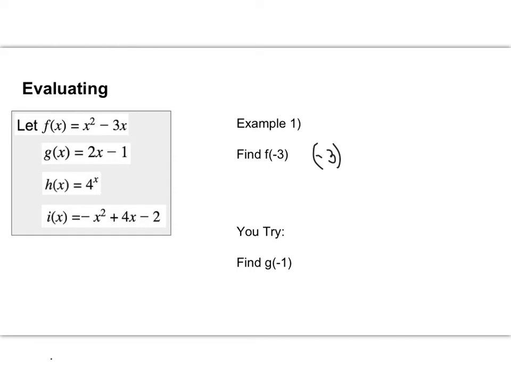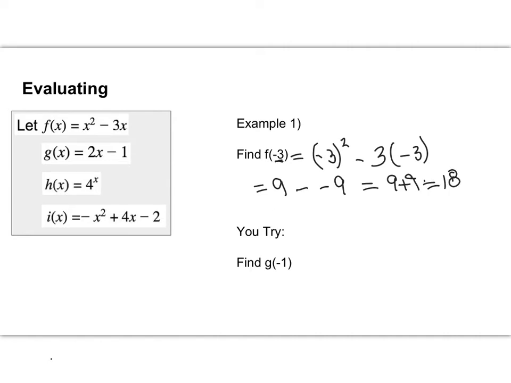So wherever there's an x, I plug in negative 3. Negative 3 squared minus 3 times negative 3 gives me 9 minus negative 9, which is 9 plus 9, which is 18.